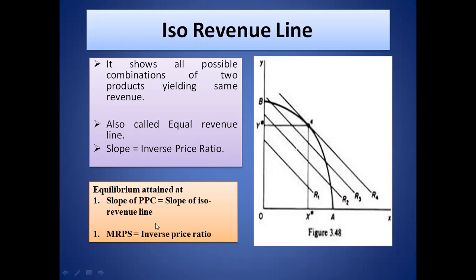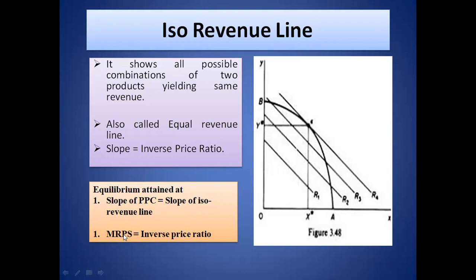Now our question is where we can get the equilibrium. Equilibrium will be attained when, just like the other concepts, the slope of the PPC will be equal to the slope of the ISO revenue line. Just like the slope of the isoquant is MRTS, here the slope of the PPC will be MRPS. Noted? Marginal rate of product substitution.